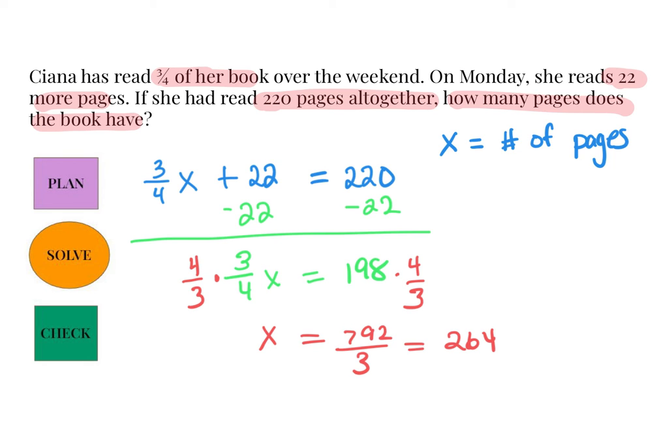It makes sense, because Sienna has not finished reading her book, that there are more pages than the pages she has read altogether. So I am going to now write a statement. There are 264 pages in the book.